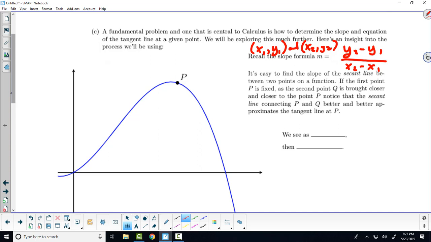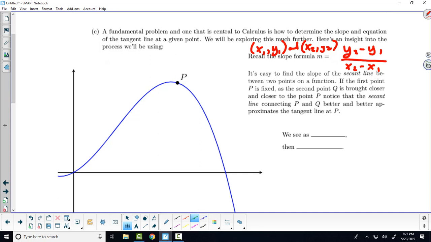I think it's maybe helpful to think of a slope as the ratio of the differences. It's measuring how much y changes by in an incremental change in x.